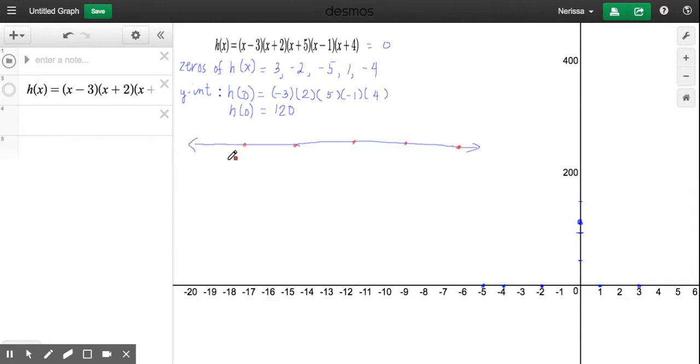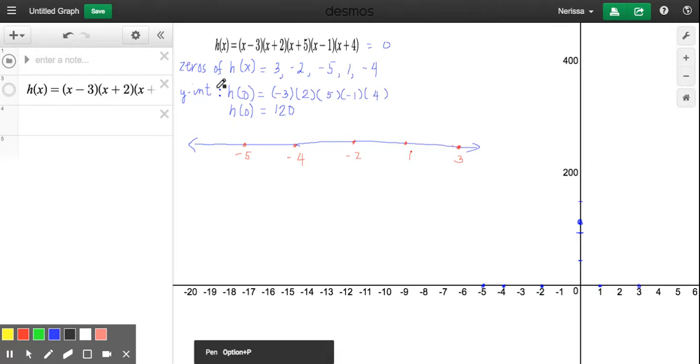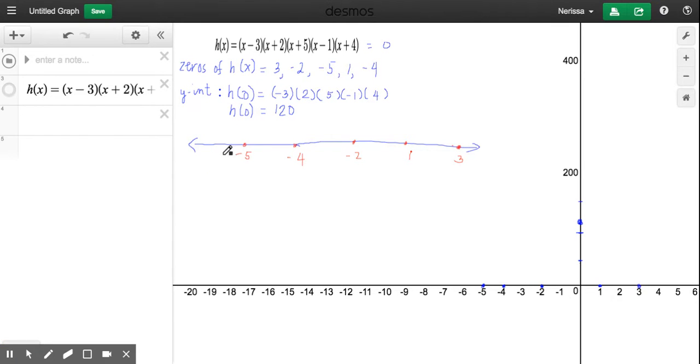So now, if this is -5, -4, -2, 1, 3. Hold on, this is 4. Now you want to find out what is the sign of h in each of these intervals. So let's pick a number here.